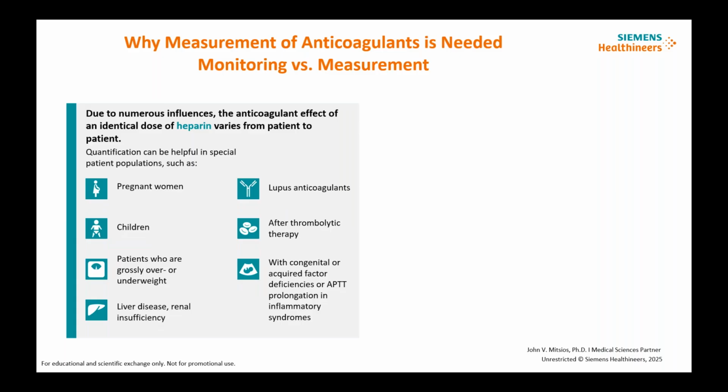But I also want to make this quick distinction between monitoring and measurement, right? Now, these can be used synonymously, but in the context of anticoagulant therapy, I think it is important to make a distinction. Monitoring is really assessing and knowing that there's a therapeutic range associated with that particular anticoagulant that's being measured. For example, if we look at warfarin, we know that the target INR is 2 to 3.